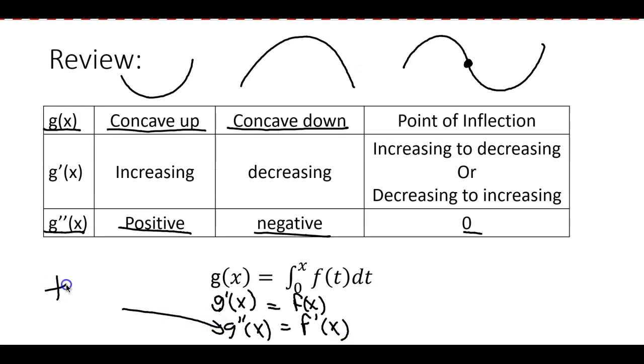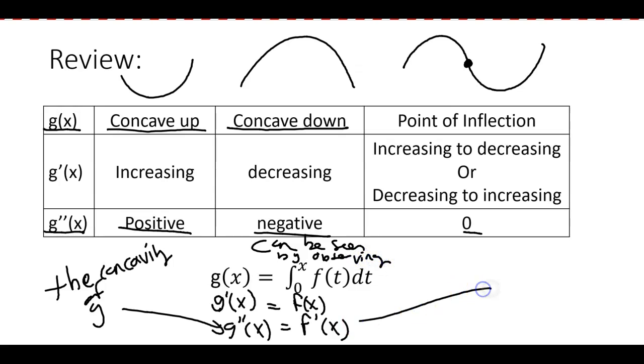So the concavity of G can be seen by observing the slope of F. Okay?